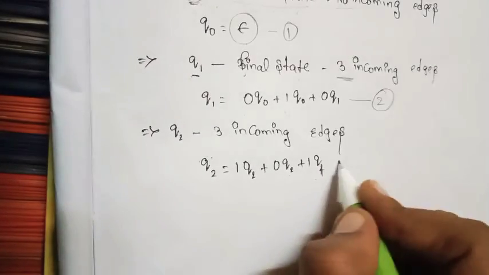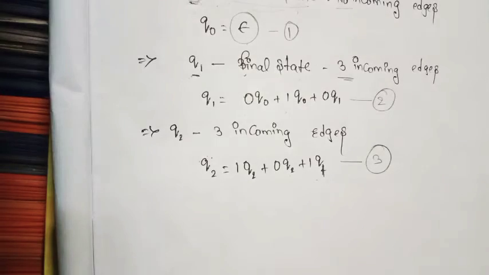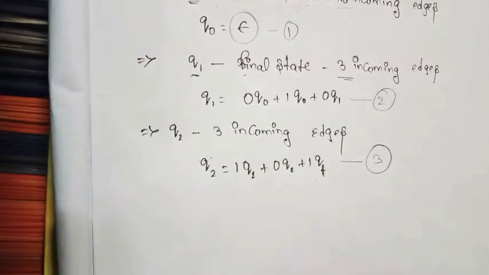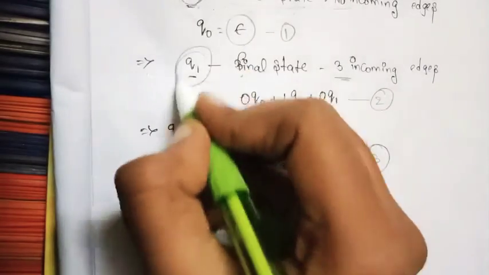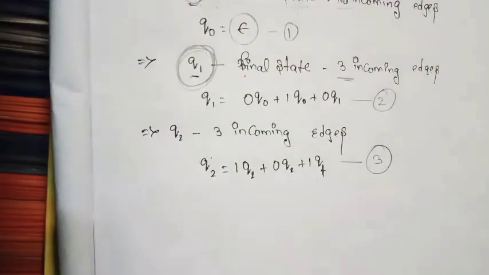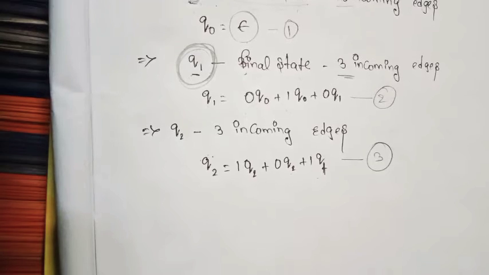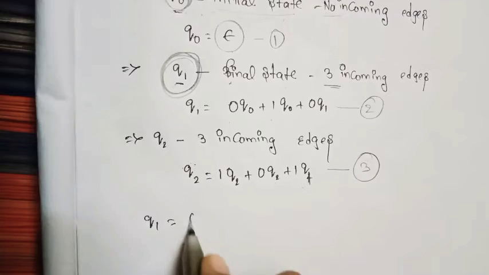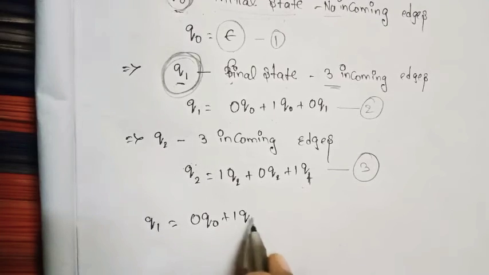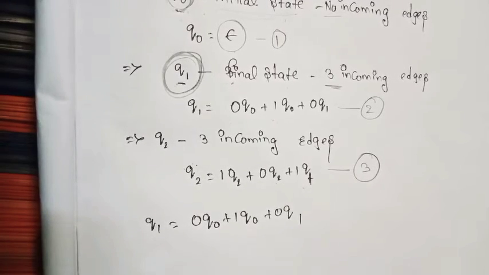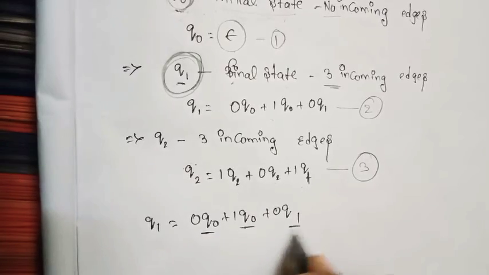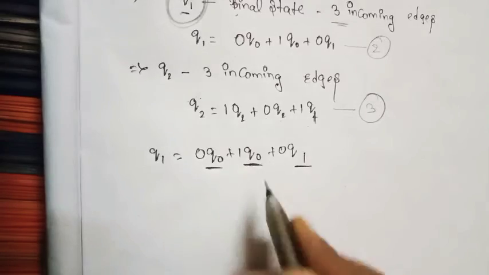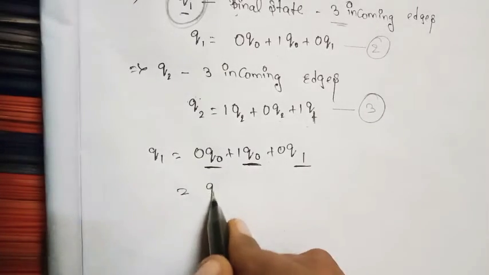Then the next step is that we need to check only for the final state. Q1 is the final state. Here, what's the final state equation we have? Q1 equals 0 q naught plus 1 q naught plus 0 q1. Remember that q naught appears 2 times, so we can take it as common: q naught times (0 plus 1) plus 0 q1.